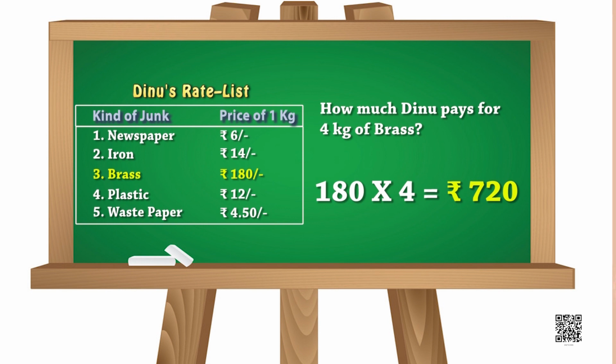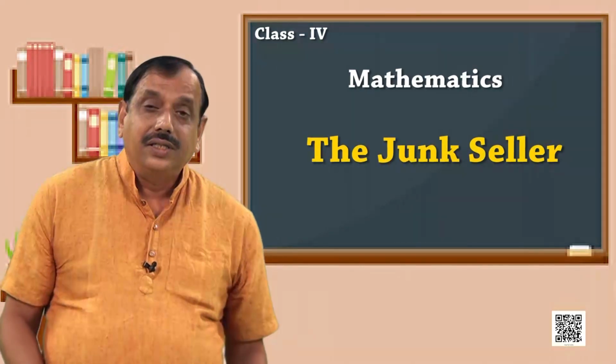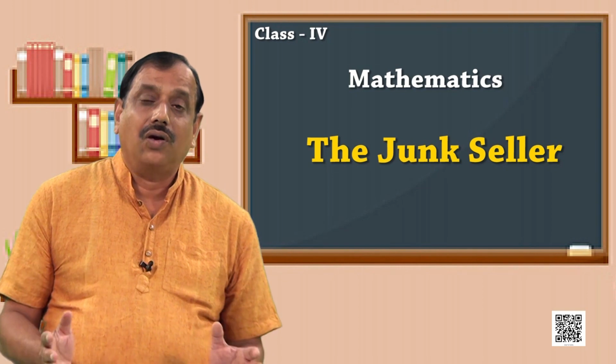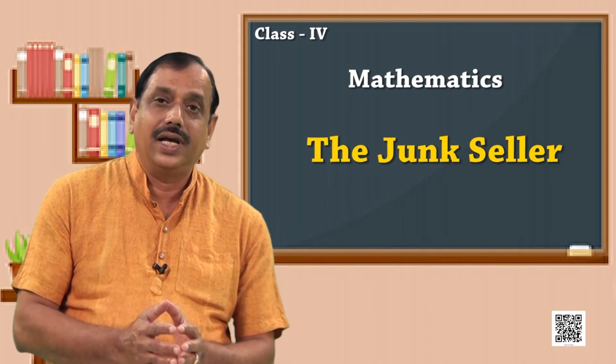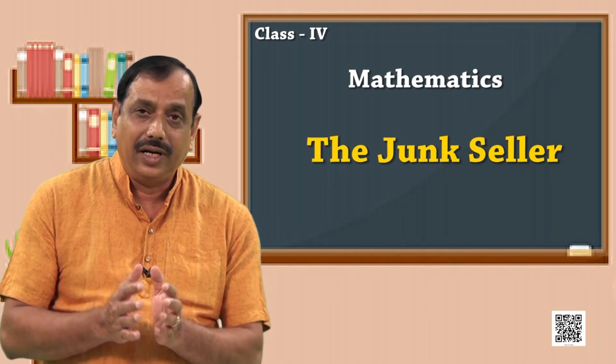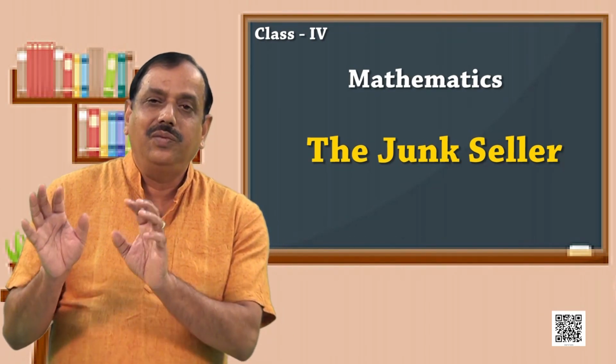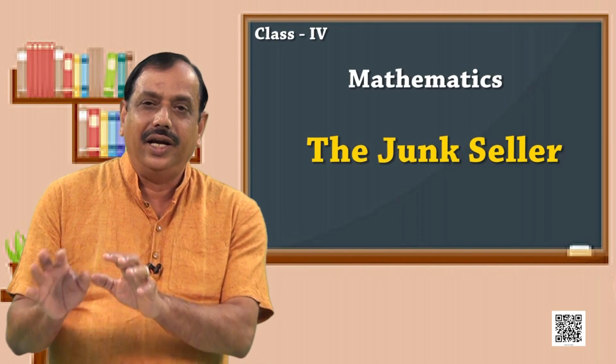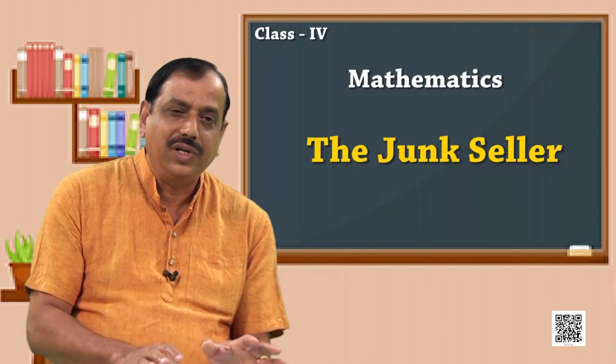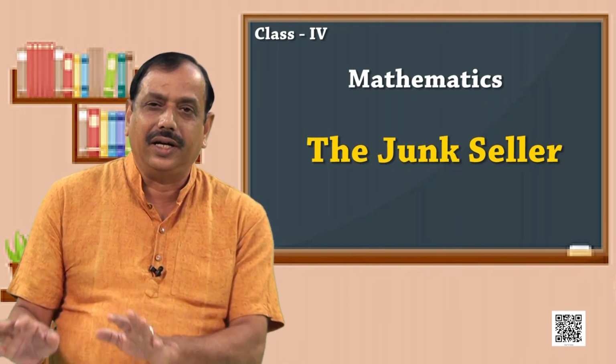So, he pays 720 rupees for buying 4 kgs of brass from Kiran. Now, like this, Kiran sells all her junk which she has collected from the junk collector to a bigger shop of Dinu's, and he pays a much higher rate than what she has been paying to the junk collector.